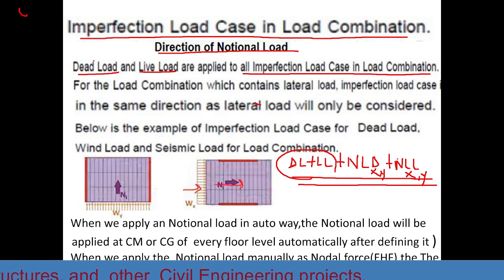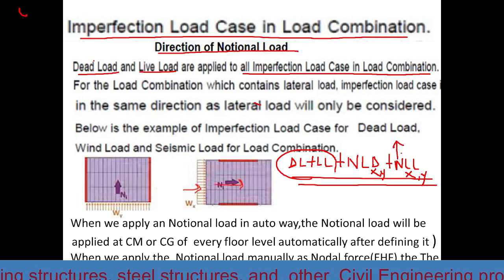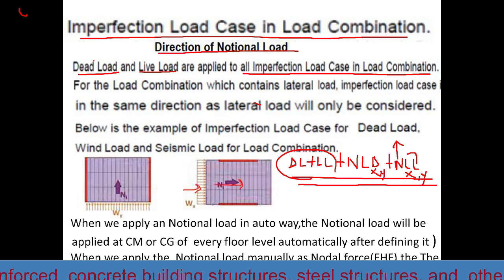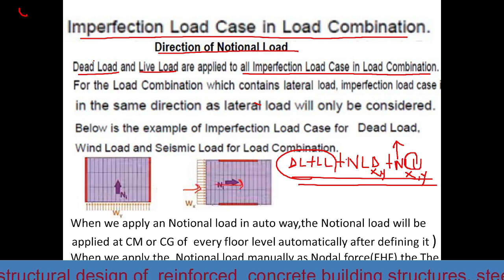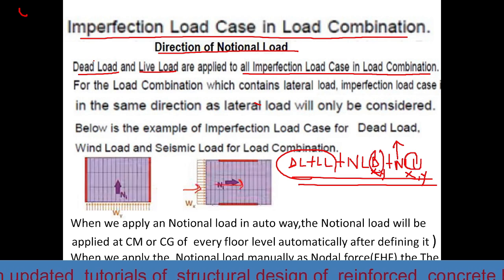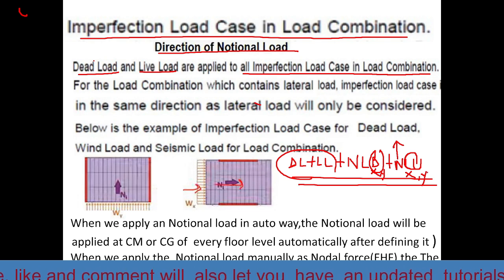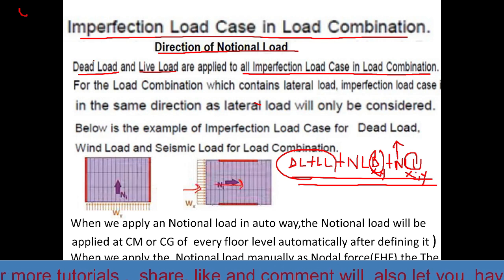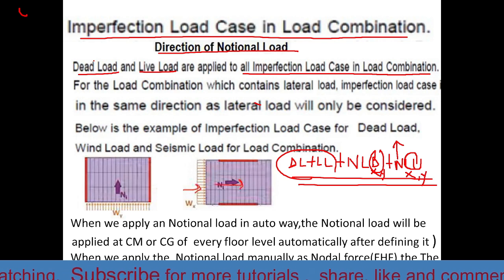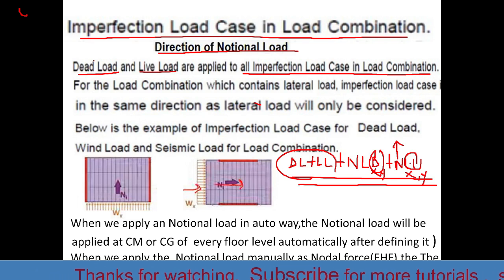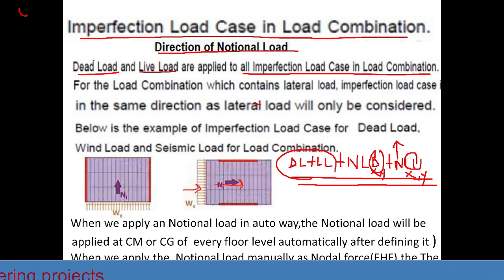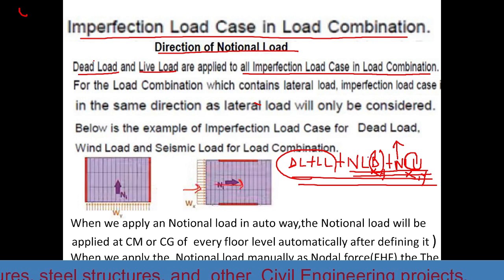As we have already said, the notional load is a fraction of the gravity load, that means the live load and the dead load, keeping the direction similar. That is, if we take the fraction of live load in x direction, we need to take a fraction of dead load in x direction for calculating the notional load.